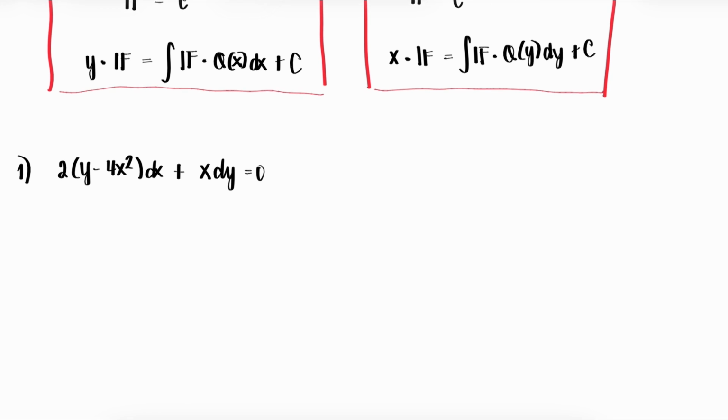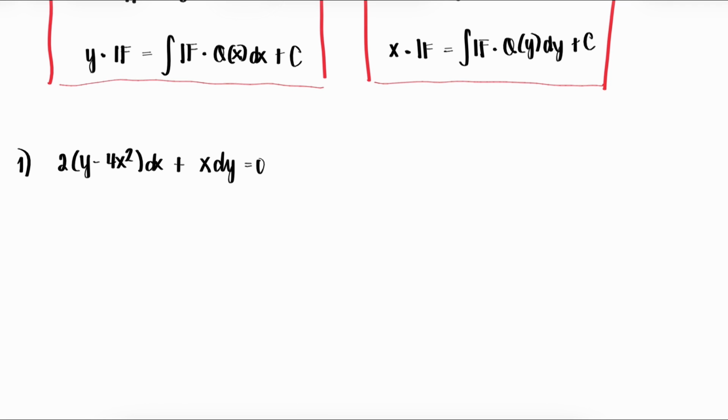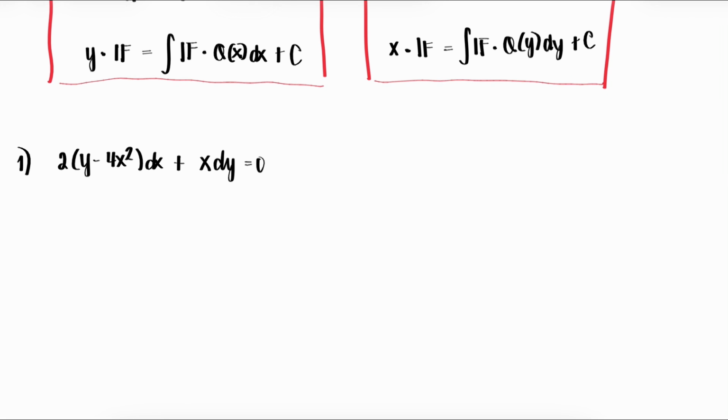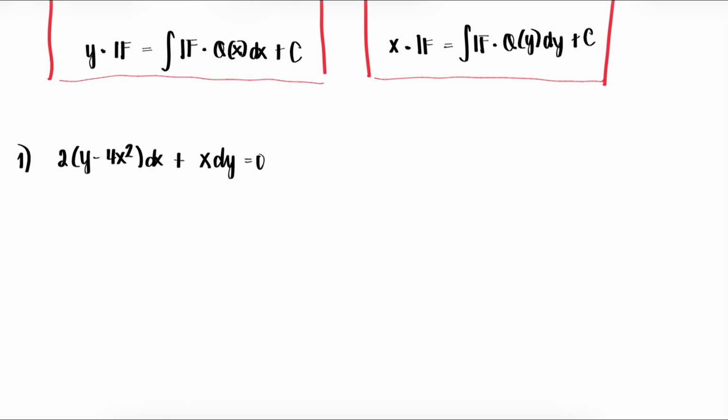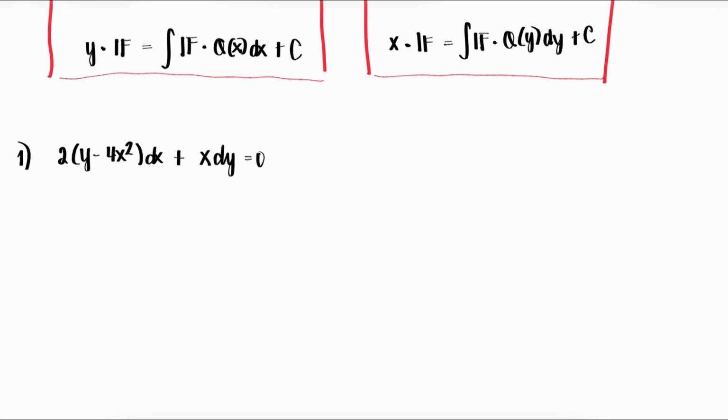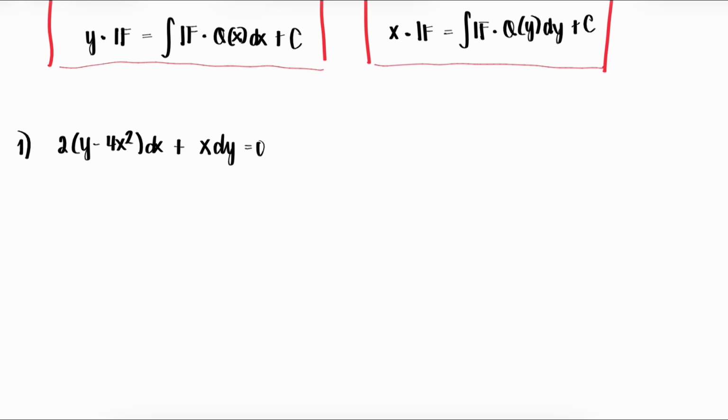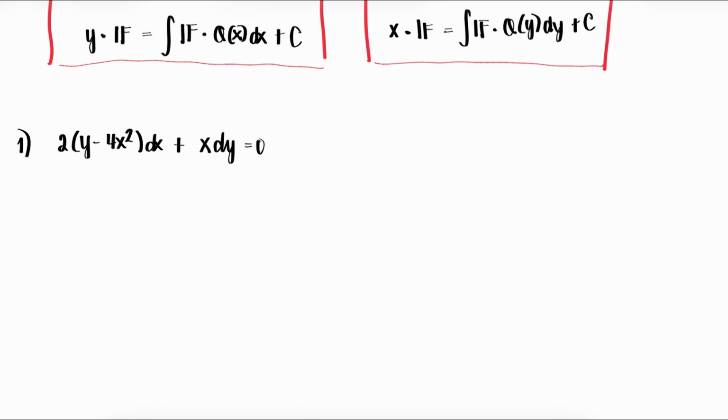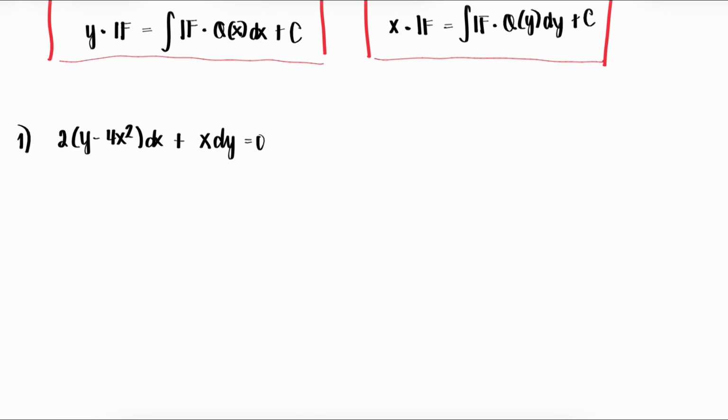As you can see here, obviously this DE is not separable, it's not homogeneous either, and obviously it's not exact, meaning it is inexact. So you can solve this as an inexact DE. However, you can always try to see if you can change it into the linear form.